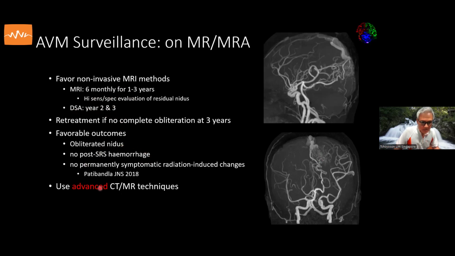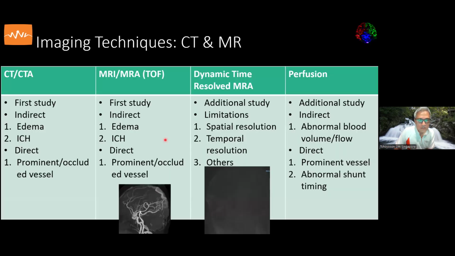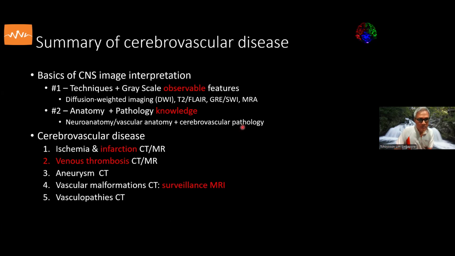So using the CT and MR techniques, we can try to use non-invasive methodologies. So to recap, the imaging techniques include CT and CTA in the first study. In the follow-ups, time of flight and dynamic time-resolved MRA, and finally, perfusion MRI and susceptibility-weighted MR image.